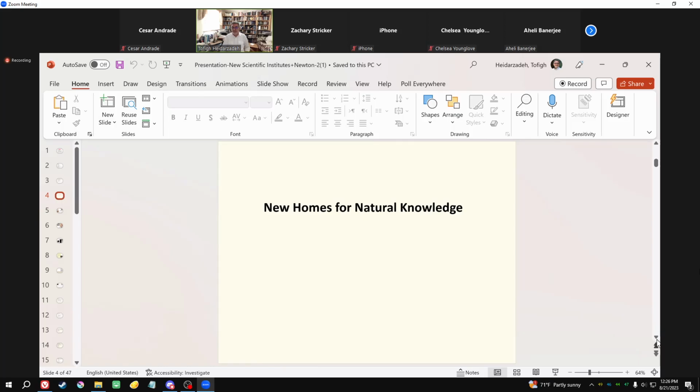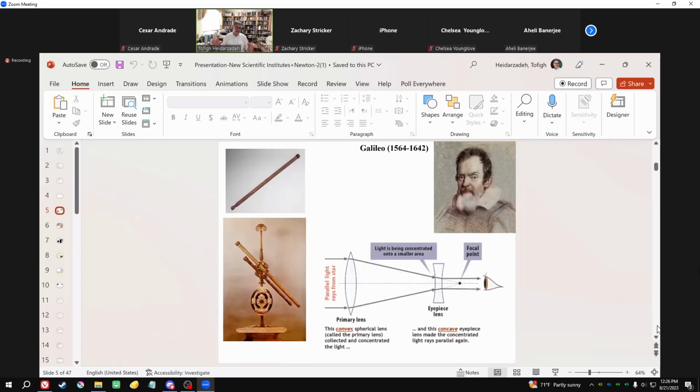Example, again, we start from Galileo. We already talked a little bit about Galileo, but Galileo, without the support, let me start from a different angle. You make a telescope and you like to, I don't know, observe the stars. It is one part of the story, but there was a big need for this telescope.